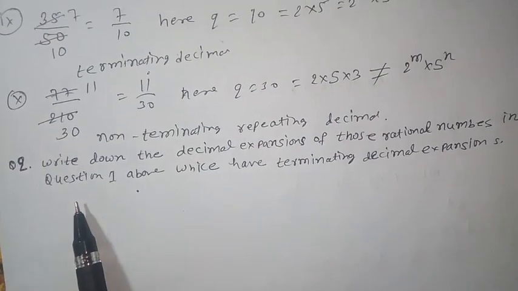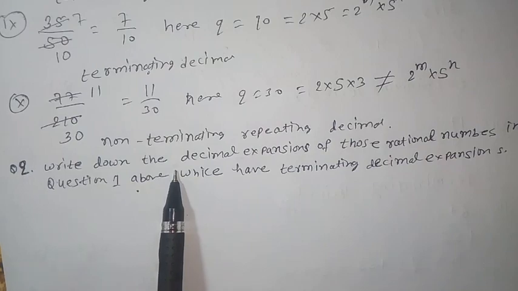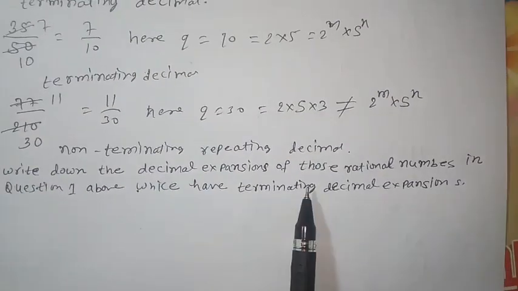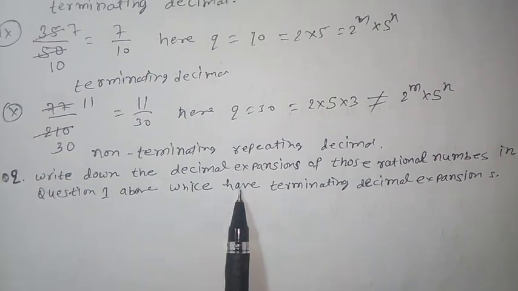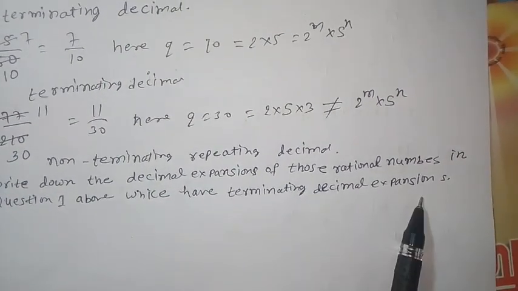Question number 2. Write down the decimal expression of those rational numbers in question 1 above which have terminating decimal expression.